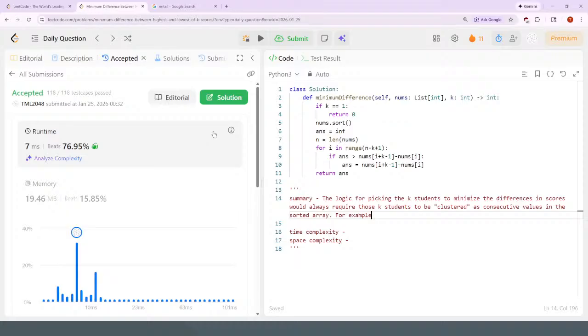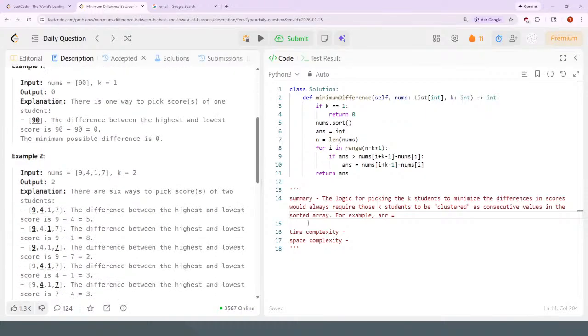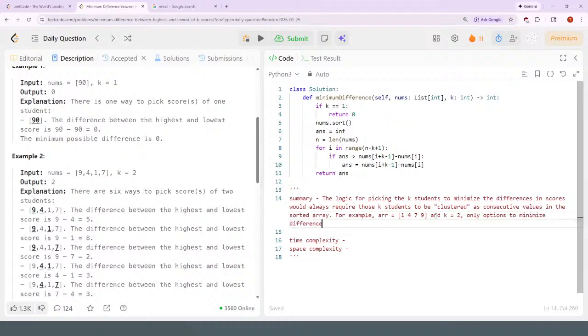For example, if the array was 9, 4, 1, 7, and k equals 2, the only options to minimize differences while selecting two are 1 and 4, 4 and 7, and 7 and 9.